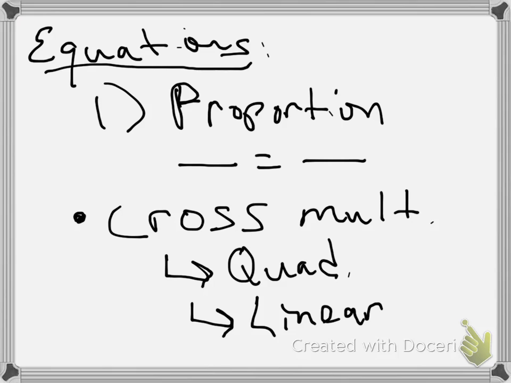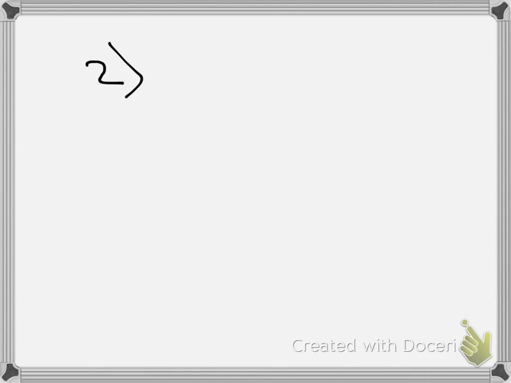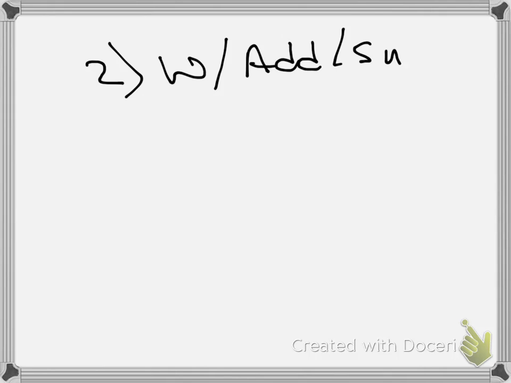The second type will have an equation with addition or subtraction. In this case, I think you remember that if something's adding or subtracting, you're going to need to focus on the common denominator, the LCD, the lowest common denominator.